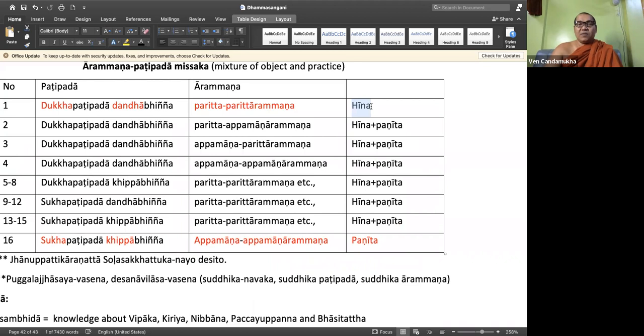Even though the jhana attainment is the same, with the painful practice, the slow attainment, the weak object, and parittā meaning not yet mastery, not yet repetitive practice, and also parittārammaṇa, the weak, small object.